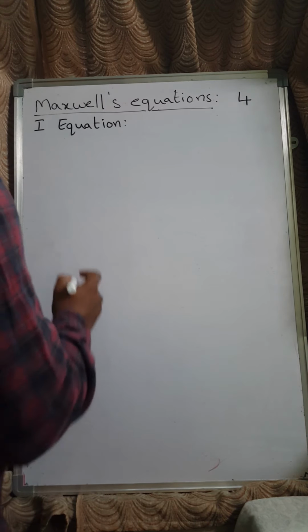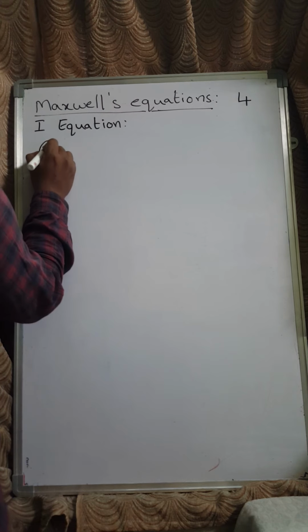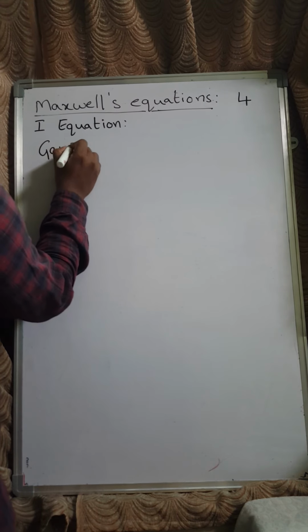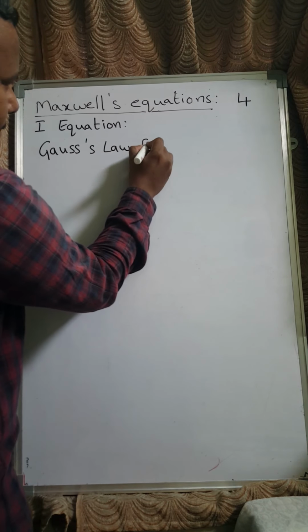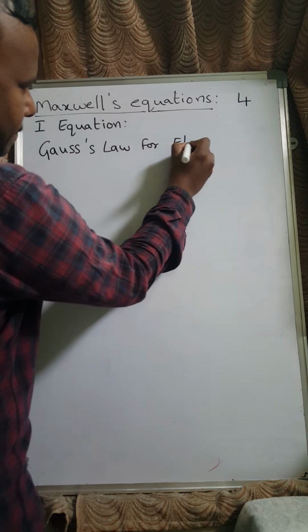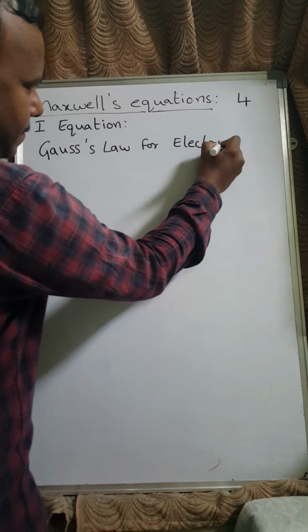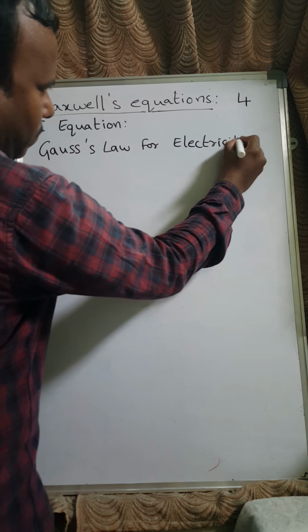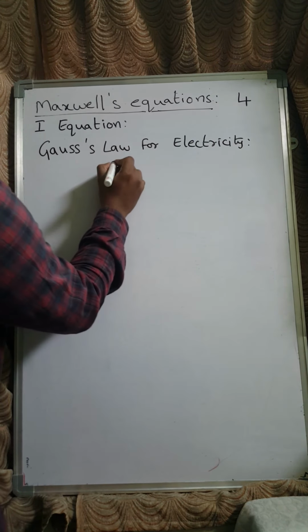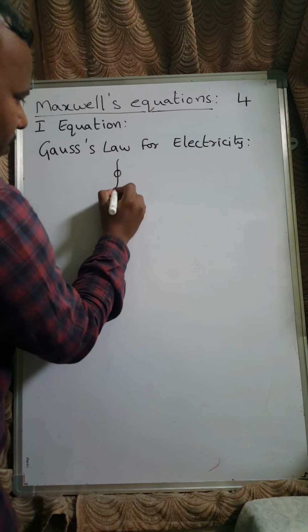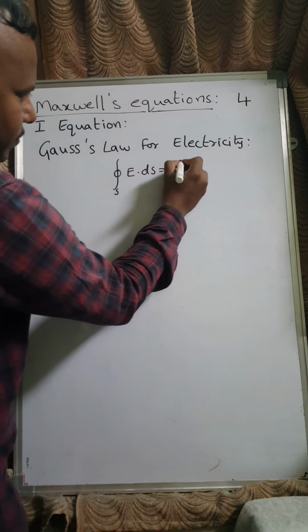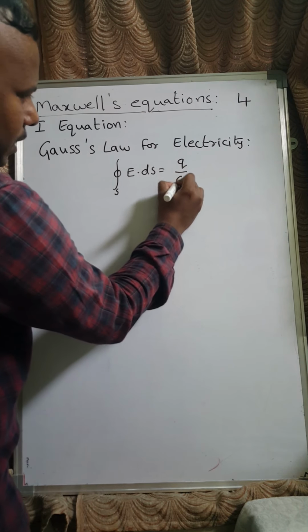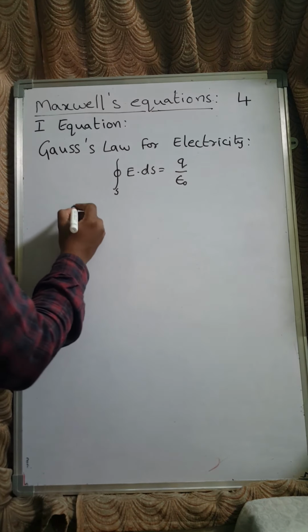Right? First I start with equation number 1, which is derived from Gauss law for electricity. The Gauss law for electricity is surface integral of E dot ds, which equals Q by epsilon naught, where Q is a charge.